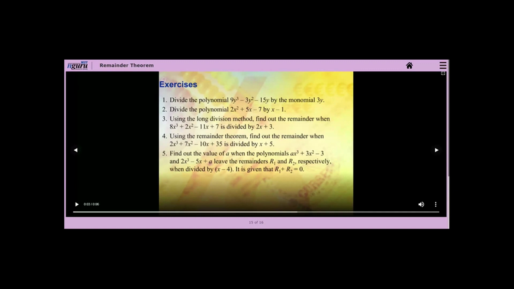And then 5x plus 2 or minus 2? Minus 2, ma'am. What is the remainder? 1, ma'am.